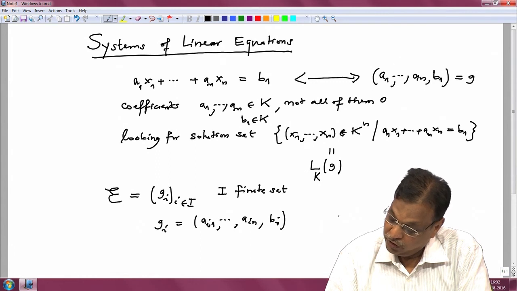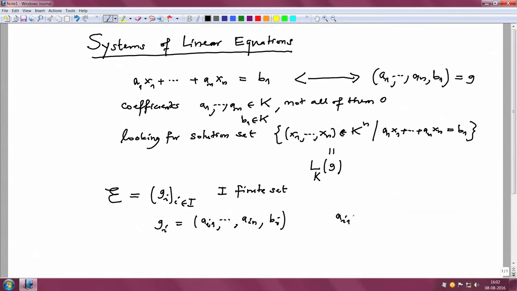If you want to write an equation, you should write like this: ai1 x1 plus ... plus ain xn equal to bi, and i varies in I. Actually, I will not deal with arbitrary case, but sometime later when I have enough opportunity, I will also tell you there is no necessity to consider only finite sets of linear equations. We can deal with as many as one wants.